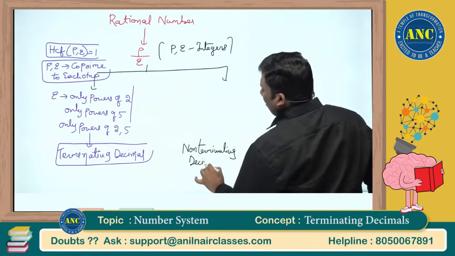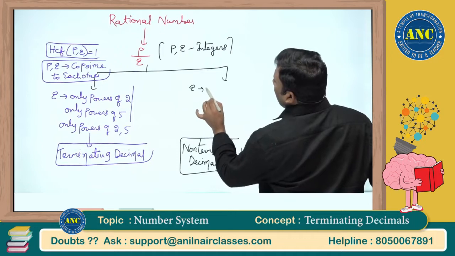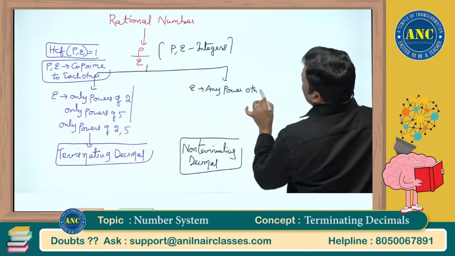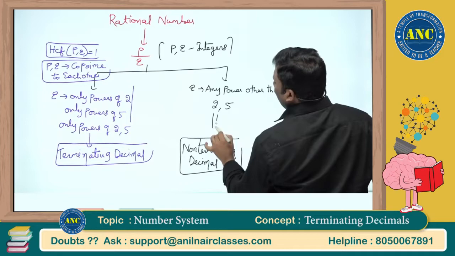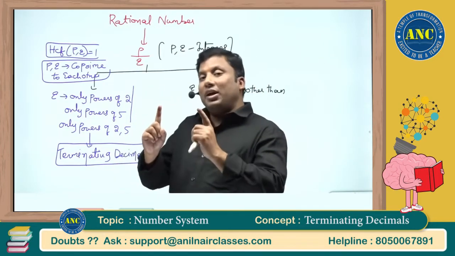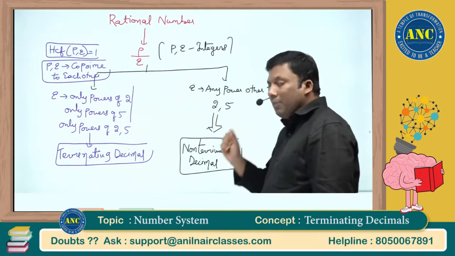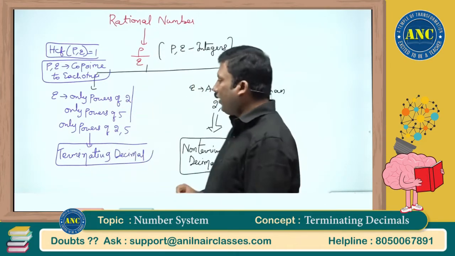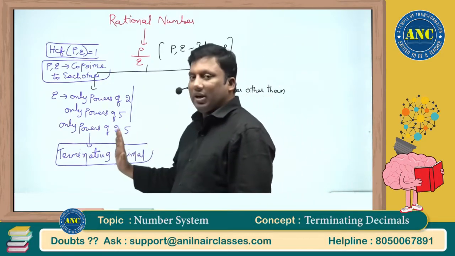When Q takes any power other than 2 and 5. Very, very important, sir. Q is the denominator. If the denominator takes any powers other than 2 and 5, then I will get a non-terminating decimal.